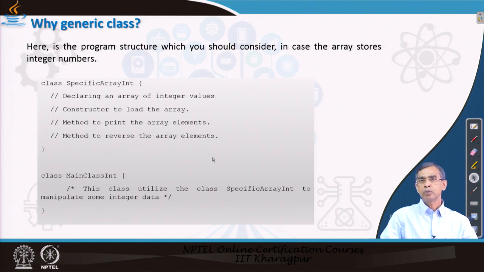Then we should have a declaration of an array of elements, a constructor to load the array, that means initializing the array, a method to print the array, and another method to reverse the array. Finally, this program can be run using a driver class, that is the main class, where the objects of this type will be declared and used, and all the methods in this class will be accessed. So, this is the case.